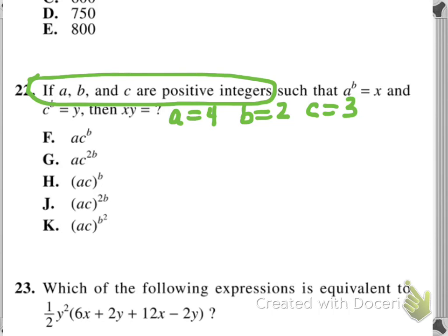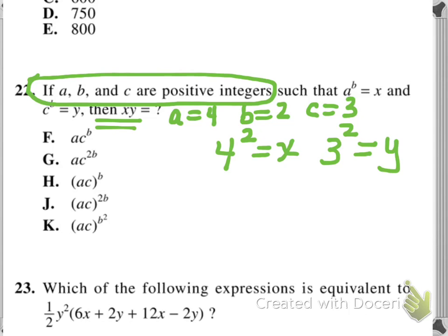Such that A to the B power, so that's 4 to the 2 power, 4 to the second, we're going to let that equal X. And C to the second power, we're going to let that equal Y. Then the question is, what is X times Y?